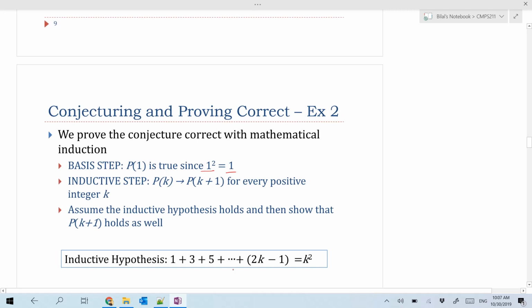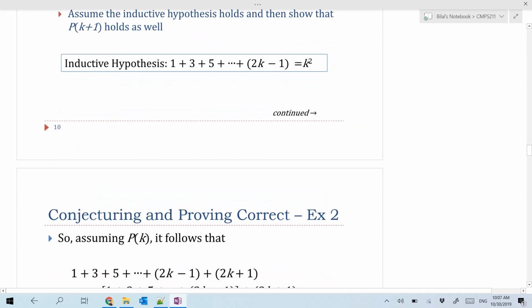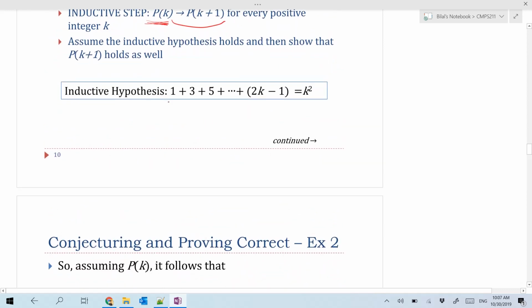Now let's assume that the property holds for k, and let's check if we can entail P of k plus 1 from it. Assuming this hypothesis means that we are assuming that the summation of all the odd integers up to 2k minus 1 is equal to k squared.